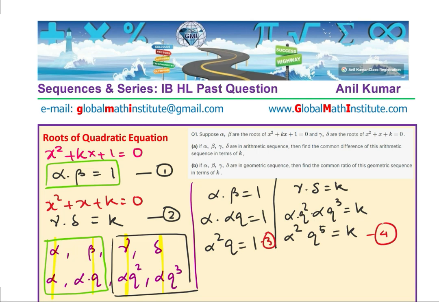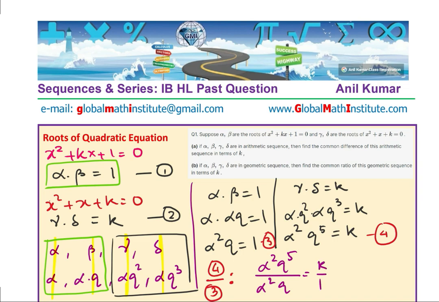Now easily, we know alpha square q is 1. We can divide one by the other. So let's do the quotient of equation 4 and 3. So we get alpha square q to the power of 5 divided by alpha square q is equal to k over 1, right?